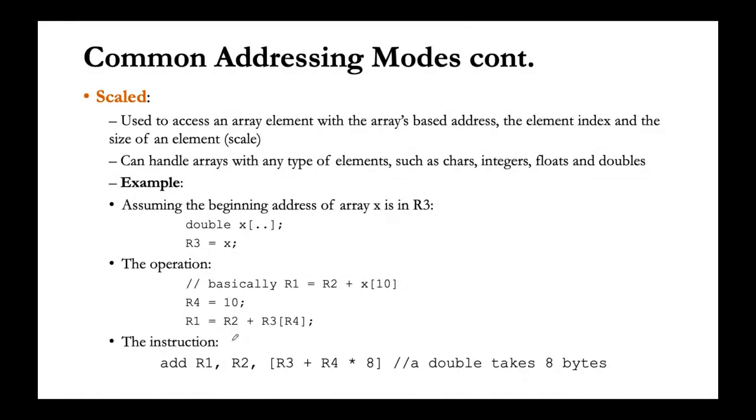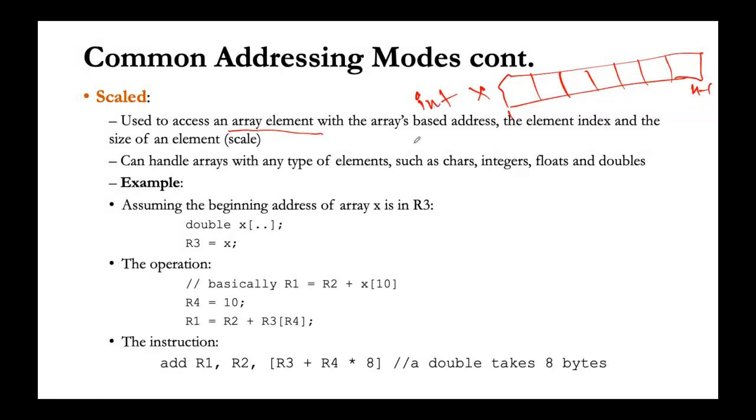In scaled addressing mode, you can see we have different data types. This scaled addressing mode is used to access an array element. Up to now we discussed that there is an array of certain elements, starting from 1 to n minus 1 or something like that, and we define that this is integer.